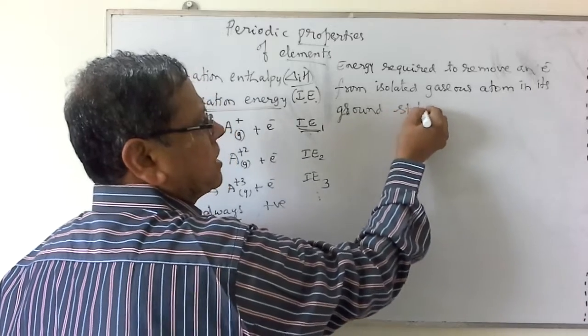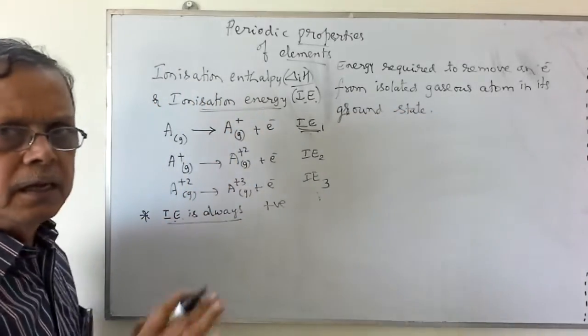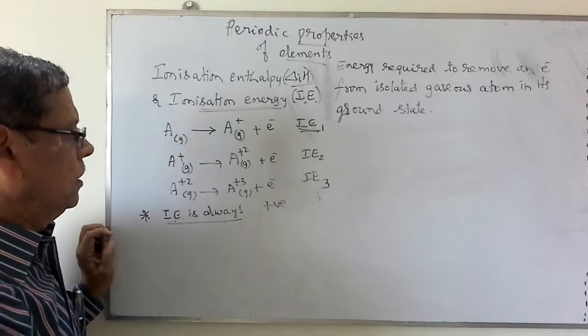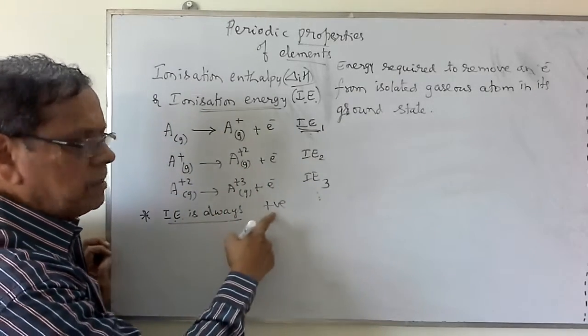Ground state is actually the state in which the electrons are highly stable in the particular atom. So ionization energy is always positive.